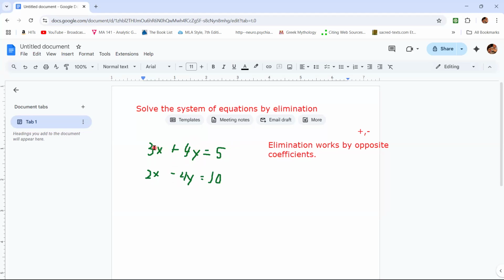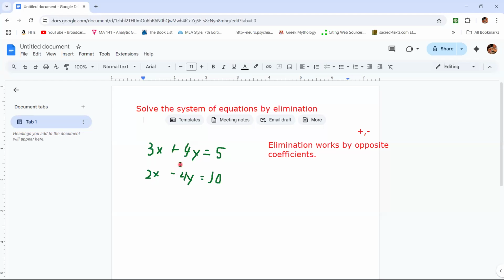Now, coefficients, this word, means the number in front of the variable. Remember, the variables are my letters. So coefficients mean the numbers in front. Here, 3 is the coefficient of x, 2 is the coefficient of this x, positive 4 is the coefficient of this y term, and negative 4 is the coefficient of this y.